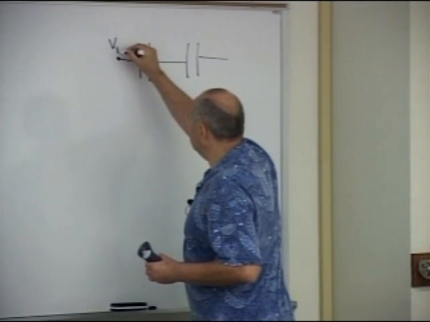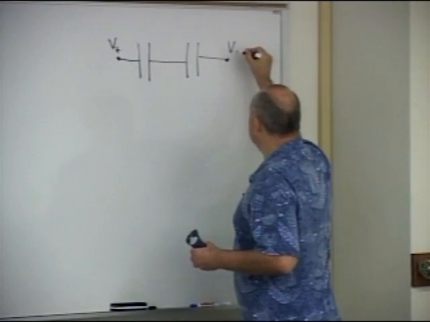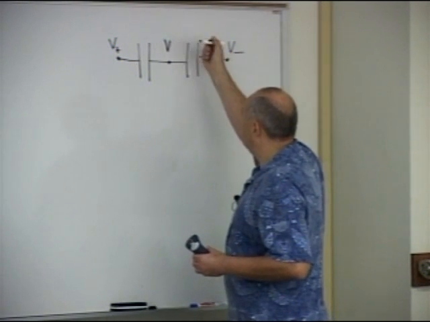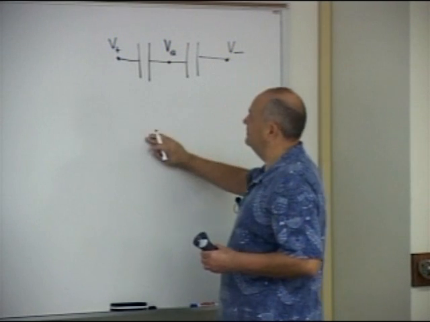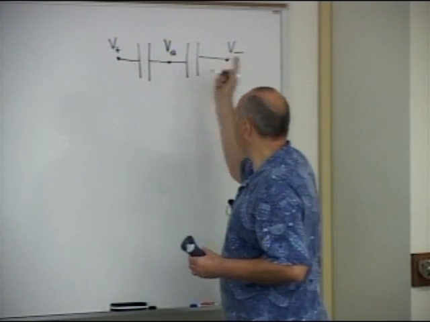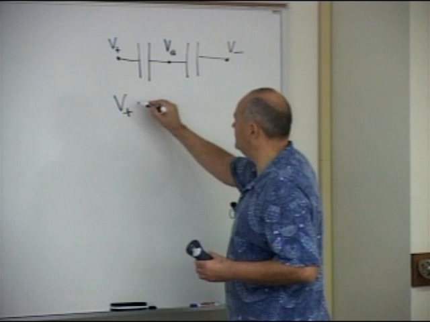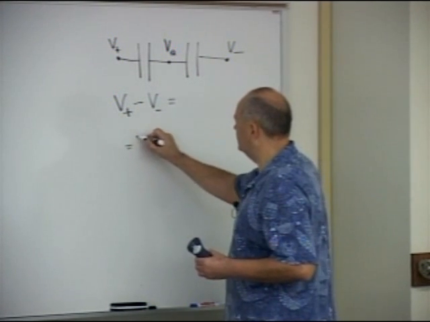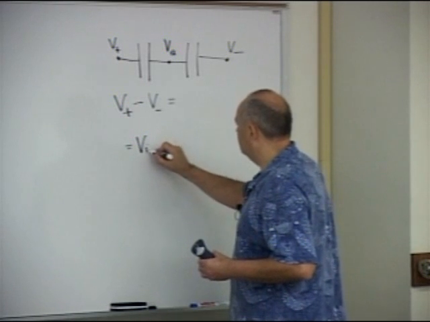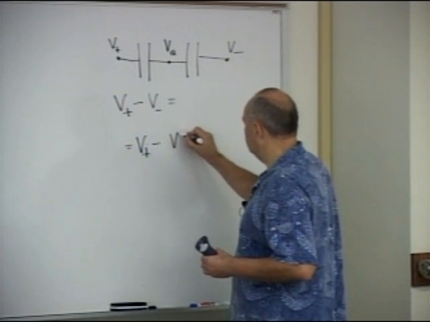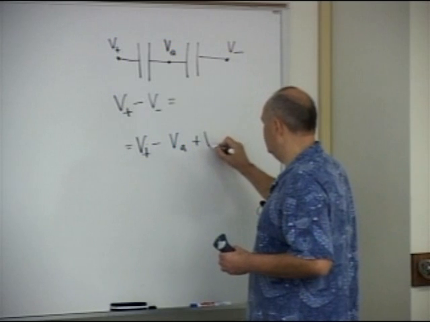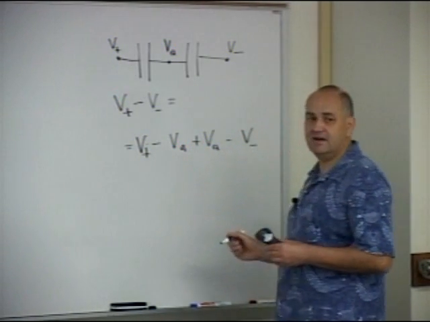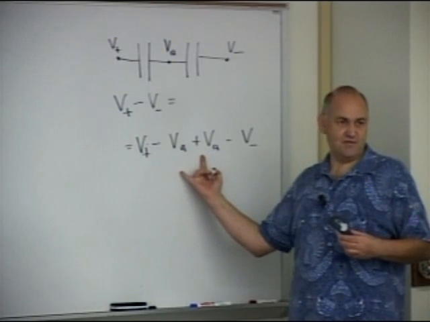So let's say this is V plus, V minus, and I will put here VA. The potential difference across the entire system is V plus minus V minus. I can write it down as V plus minus VA plus VA minus V minus, right? Because these two add up to 0.